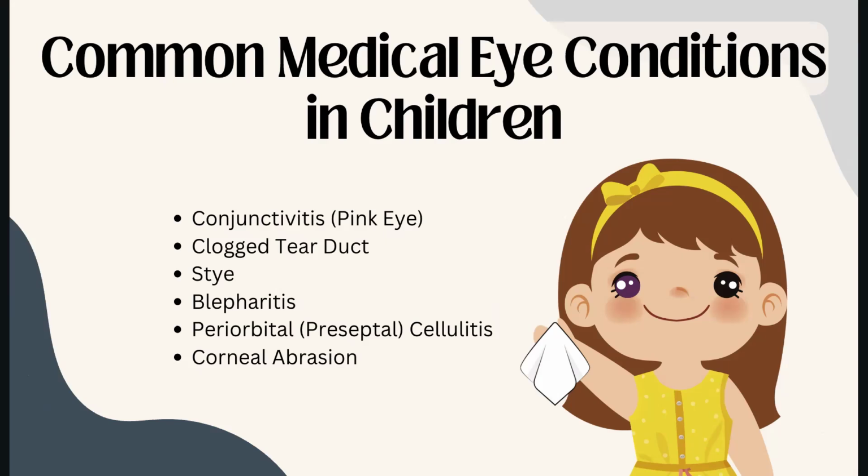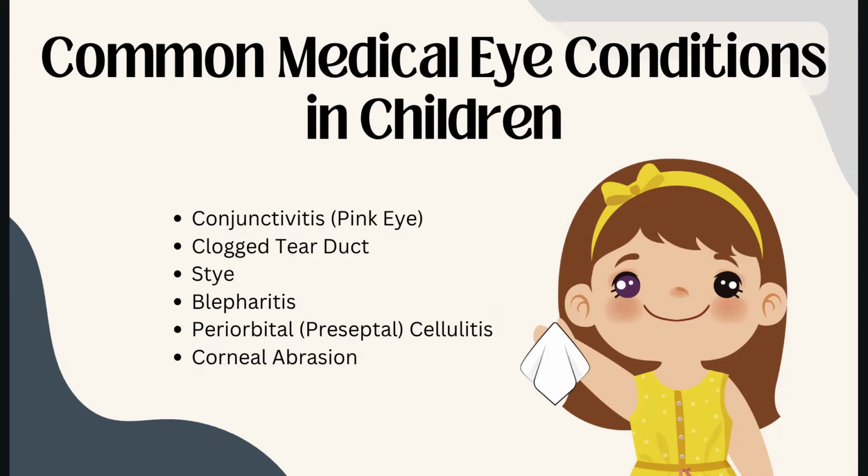This usually requires some regular eyelid hygiene and in some cases, antibiotics. Chalazion is a painless lump on the eyelid resulting from a blocked oil gland. This happens in about 2% of children, but there are higher rates in some ethnic groups.